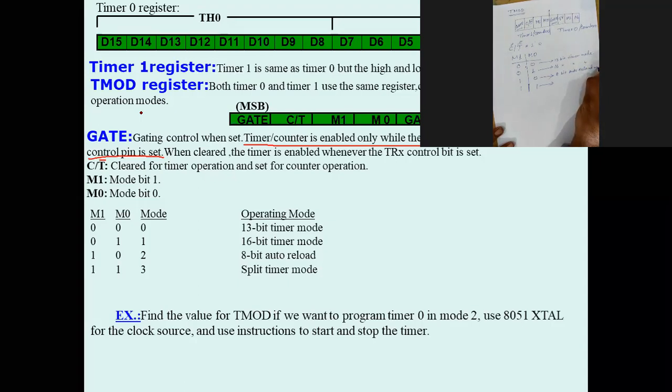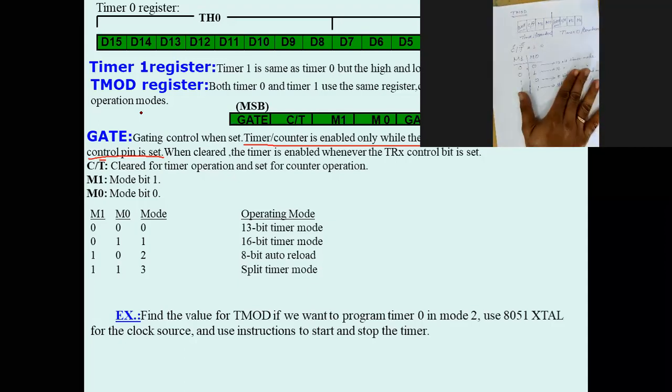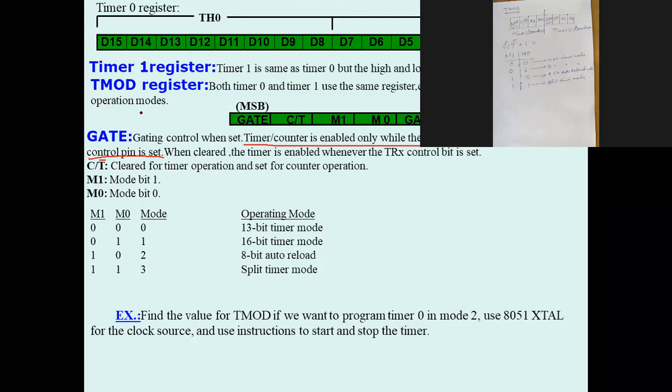And the last one, 11, is the split timer mode. I'll come to what these timer modes are. For now, don't forget to write in your copy, because these are the core things in the microcontroller.